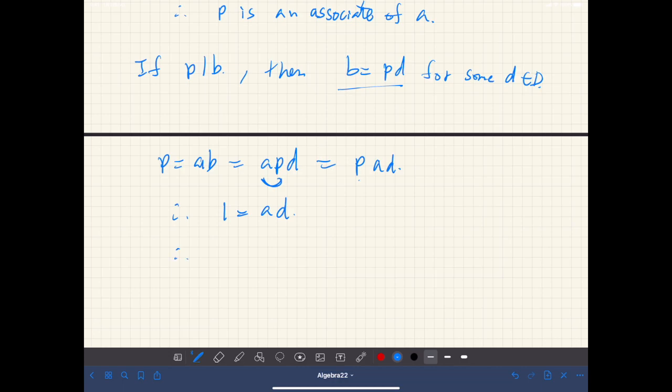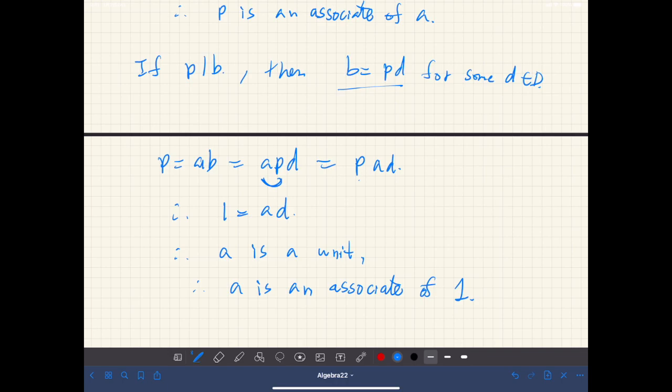Therefore, in this case, A is a unit, and a unit is an associate of 1. So therefore, A is an associate of 1.